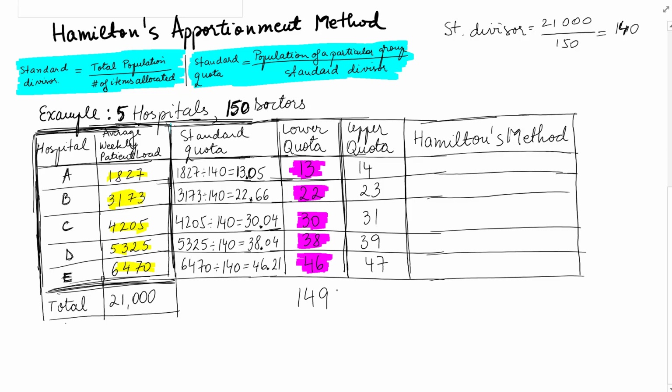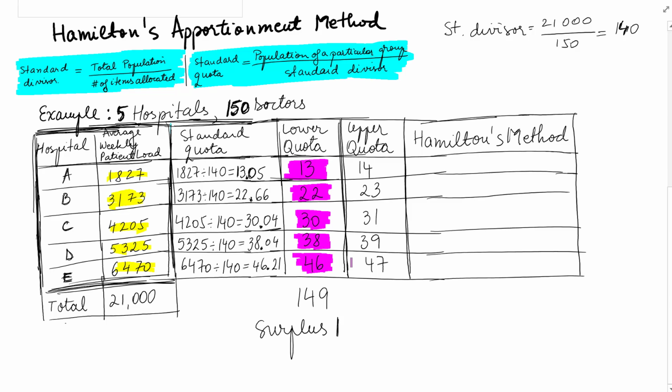So we got one extra doctor that we need to assign somewhere, right? We had 150 doctors in total, and when we added the lower quotas, we got 149. So we have to assign one doctor to one of the hospitals, right? Because each of these lower quotas are the number of doctors that you have to apportion to each of the hospitals. So I want to put one somewhere.